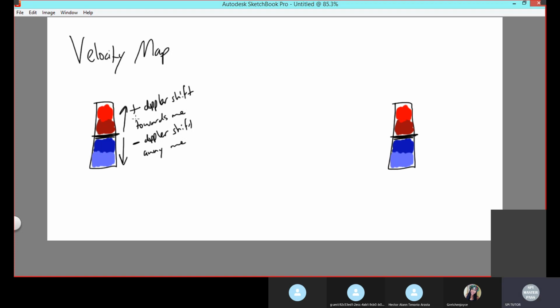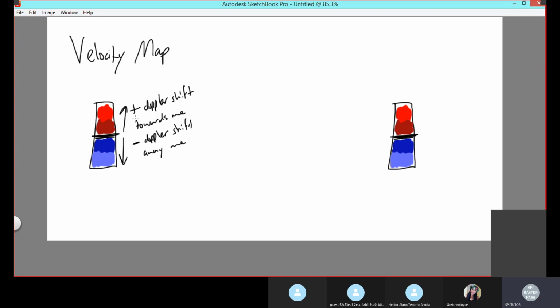So don't focus on what the colors are, okay? Focus on where the color is, if it's below the baseline or above the baseline. So anytime they give you a vessel and there's color in it, don't stop there. Just because you recognize that color does not mean it is what you think it is, okay? Because we can invert the velocity map. We can put blue on top and red at the bottom, or we can use any other color we want: pink, purple, greens, oranges.